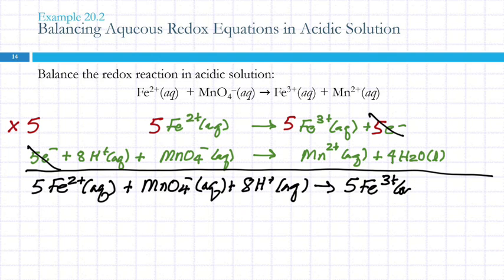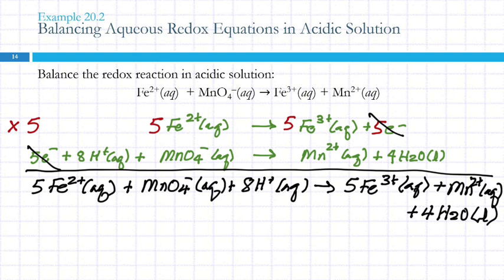Oh my goodness. Plus manganese, plus water. Any questions? Yes?